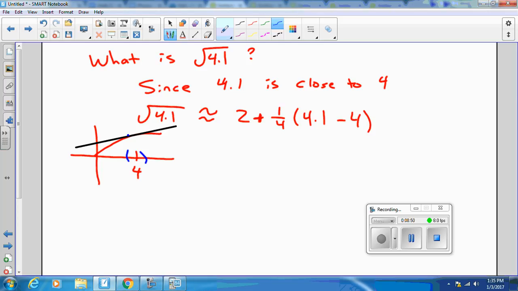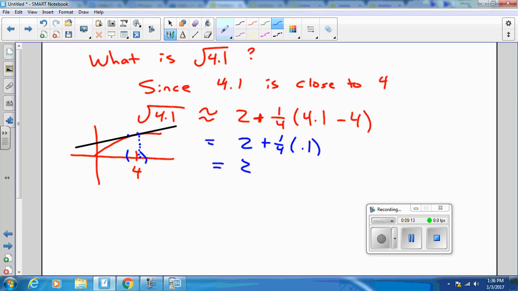They are approximately the same. And so I can estimate the square root of 4.1, the red value on the curve, by getting the black value on the tangent line instead. And that's easy. I can do that without a calculator.